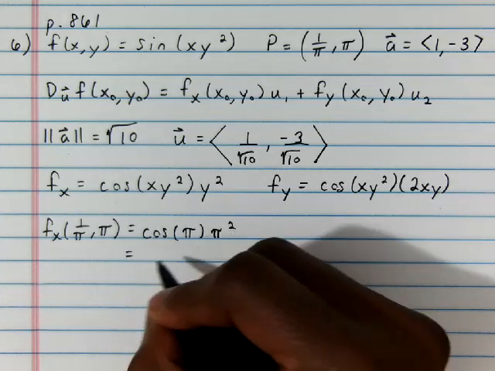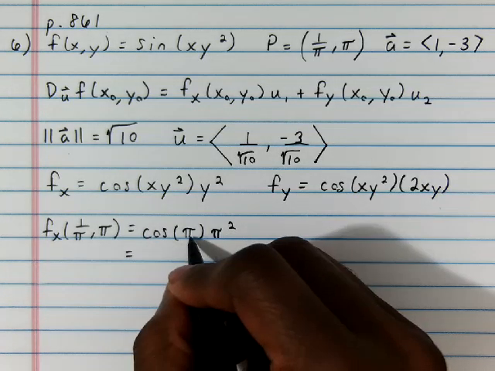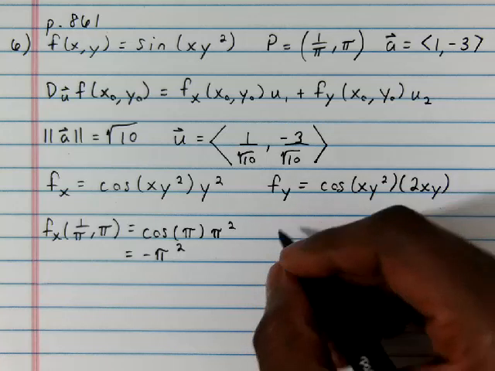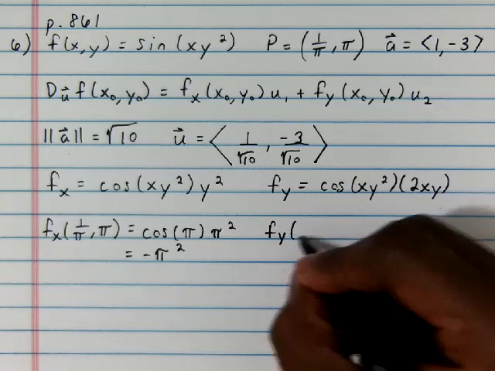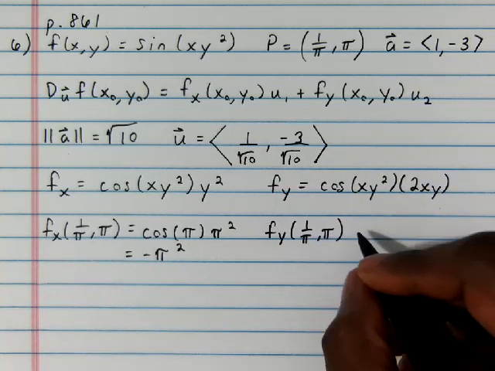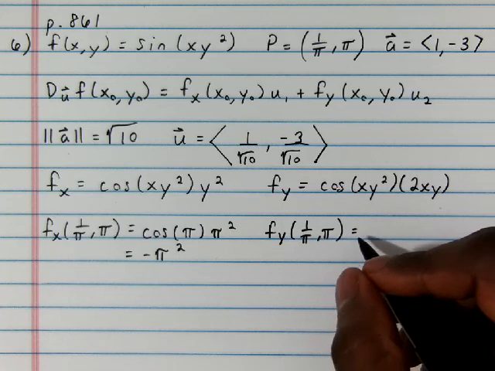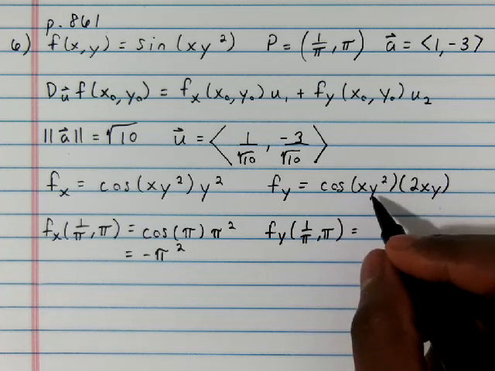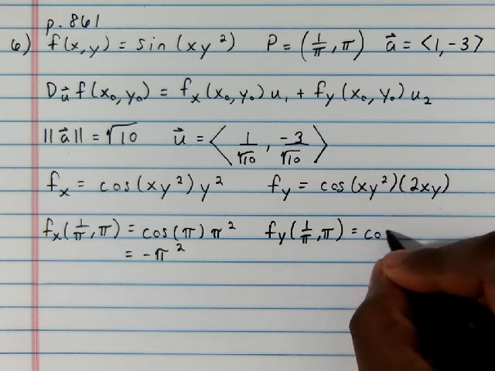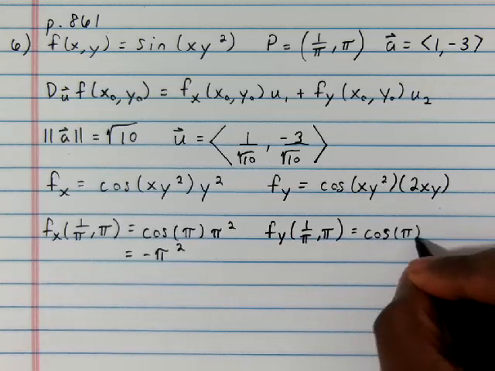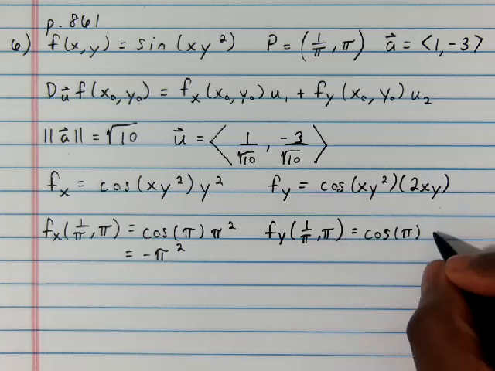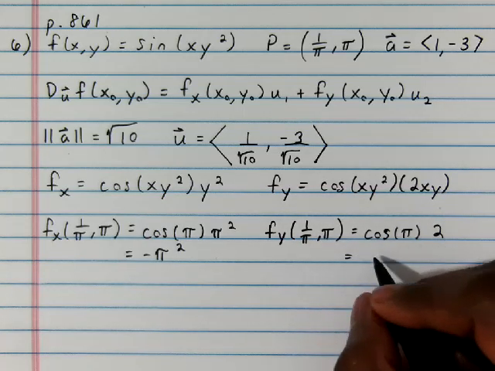Cosine of pi gives us negative 1, times pi squared, so we get negative pi squared. And over here, f sub y evaluated at 1 over pi comma pi: we still end up with cosine of pi for that part, because we put in 1 over pi times pi squared. And then 2 times 1 over pi times pi just gives us 2. So we get 2 times negative 1, which is negative 2.